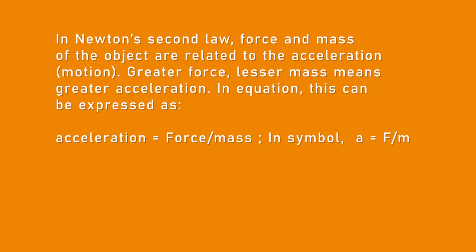In Newton's second law, force and mass of the object are related to the acceleration. Greater force, lesser mass, means greater acceleration. In equation, this can be expressed as acceleration is equal to force divided by mass. In symbols, a equals F divided by m.